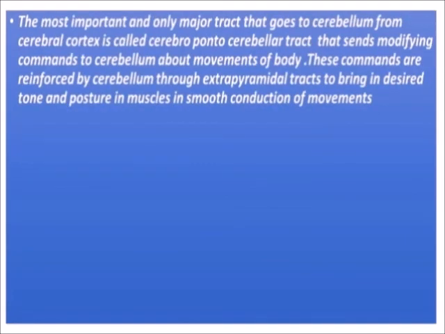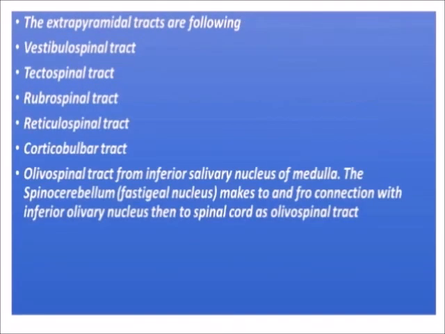The most important and only major tract that goes to the cerebellum from the cerebral cortex is called the cerebropontocerebellar tract, that sends modifying commands to the cerebellum about movements of the body. These commands are reinforced by the cerebellum through extrapyramidal tracts to bring in desired tone and posture in muscles and in smooth conduction of movements.